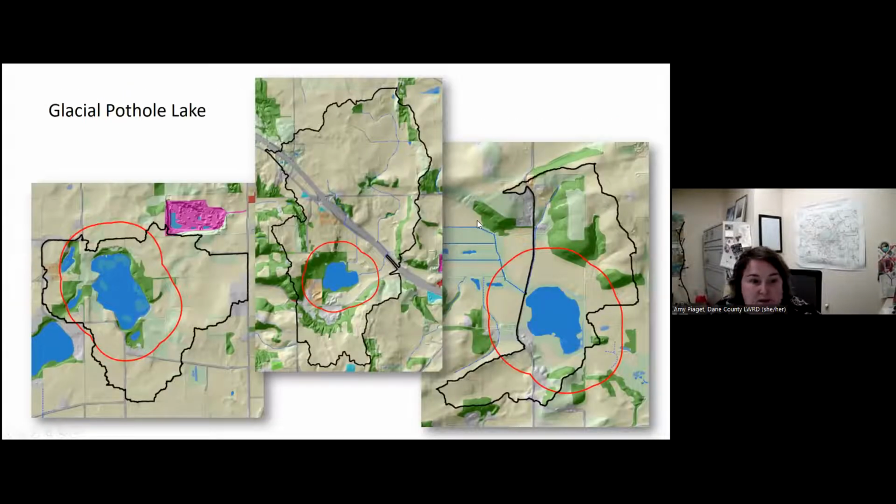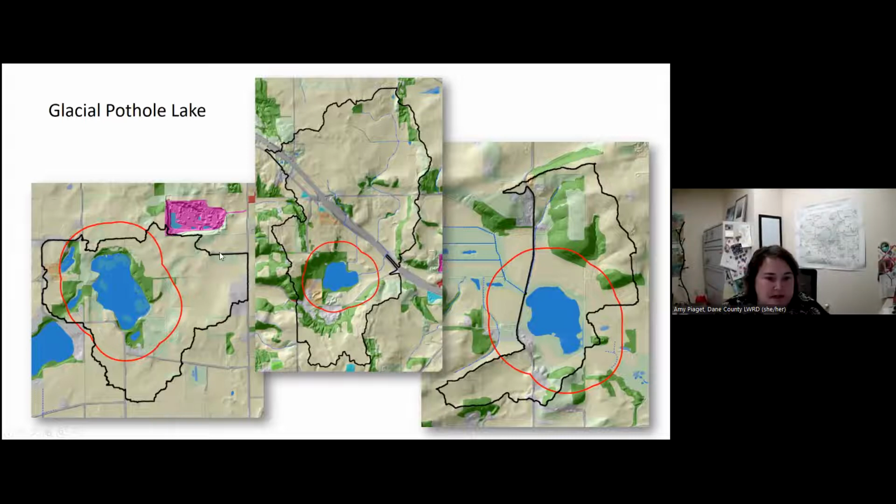I mentioned before in Dane County, we have a lot of these glacial pothole lakes. So these are just some examples. They're internally drained areas. They don't have an outlet, so they don't flow anywhere. They may have, for example, like this one, water that flows into them, but they have no outlet. And these are examples.